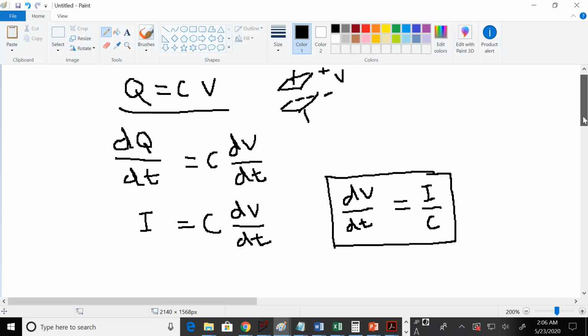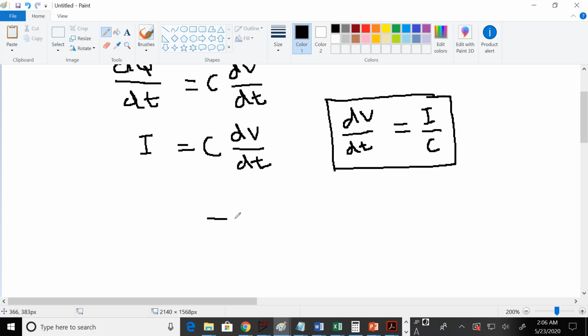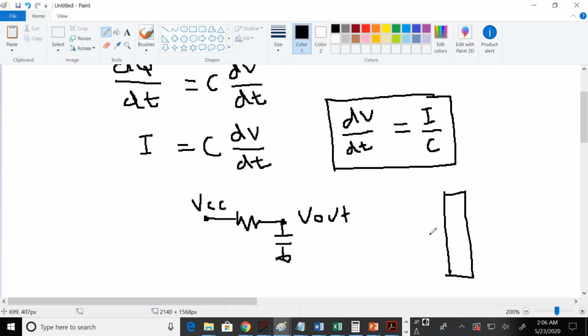what every node between every stage looks like. This would be the output of your amplifier. This would be the supply or ground. The input just controls whether you're charging up or discharging this node. What happens is this is either VCC, and this is your V out of that stage. So if you have a stage, you have V in, which controls whether you're charging up or discharging.